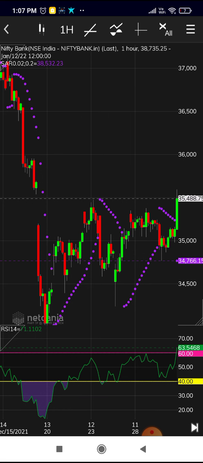So this is the point where you can consider entering at the start of the next hour. It's an hourly chart, so when this candle occurred, after that you can enter.